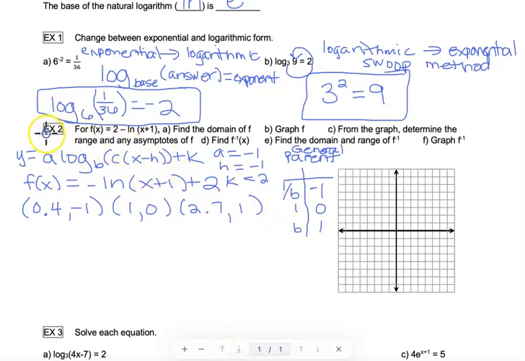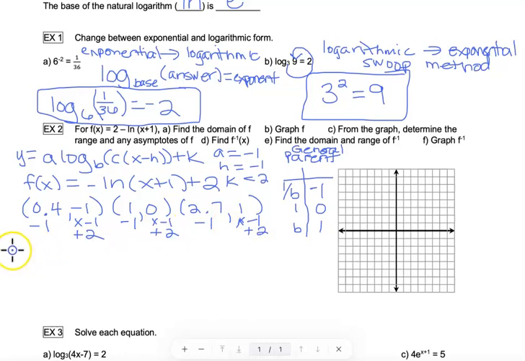According to the transformations, a values, I multiply the y coordinates. So I'm going to multiply all my y coordinates by -1. H values, that is a left shift 1, so that means I'm going to subtract 1 from the x coordinates. That's what shifting left does, subtracts from the x. And then k, that's an upshift, so add 2 to the y coordinates after I multiply, of course.